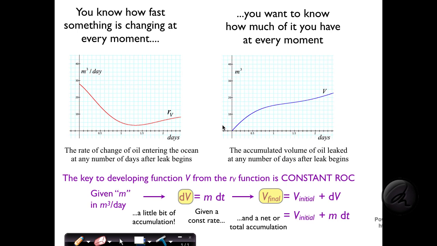So we're going to do this a piece at a time, because as we go through this, I can see, well, at the beginning I'd like to use higher rates. Later on, I'd like to use lower rates and lower and lower. So I can't use one rate throughout because this changes significantly. I'd have a really bad estimate if I used like 28 cubic meters per day for 2 whole days. That wouldn't be very much what's going on. 28 is about where this is. And this rate isn't too close to being 28 all along.